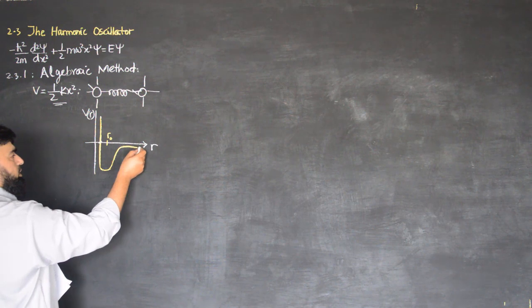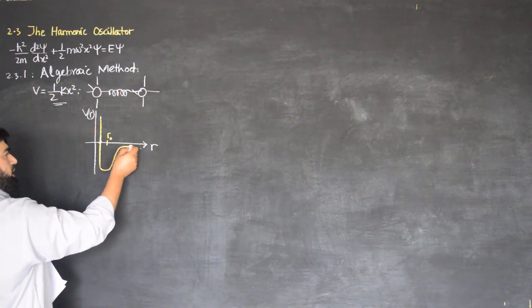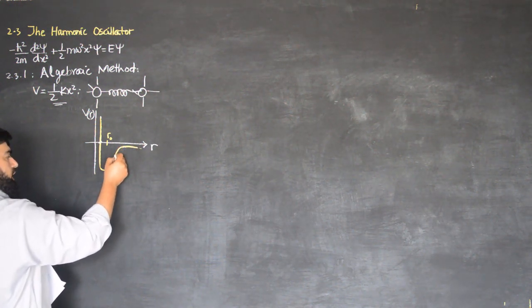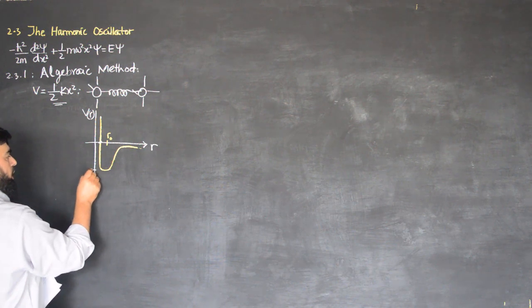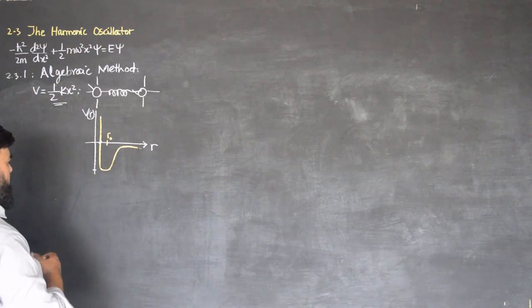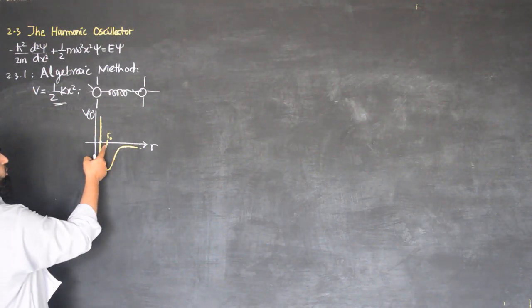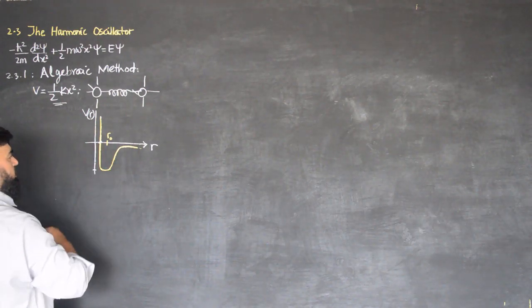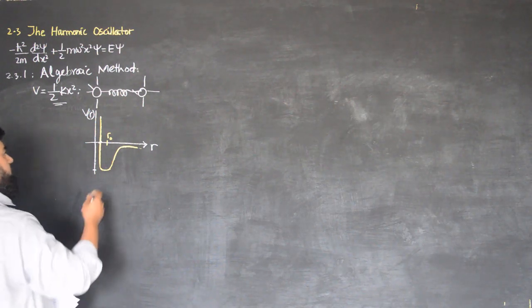In this range the attraction increases and becomes more and more negative, and this is the maximum attraction between them. When the distance decreases below the equilibrium distance, repulsion starts here.